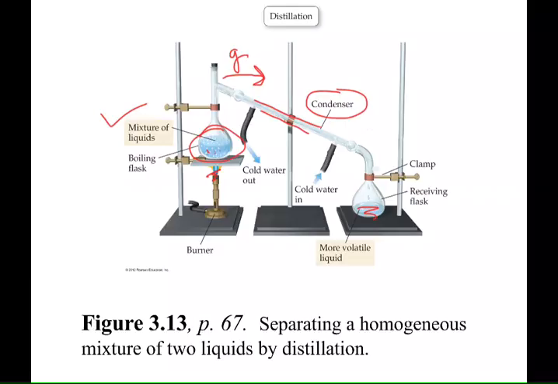The inside is hollow, so the liquid can drop through, but what we can do is put cooling water in a jacket around the hollow core where the gas can condense and form a liquid and drip in here. My point is that the molecules you start with here are going to be the same molecules you end with here, so it's just a boiling process. So this is actually just a physical process.